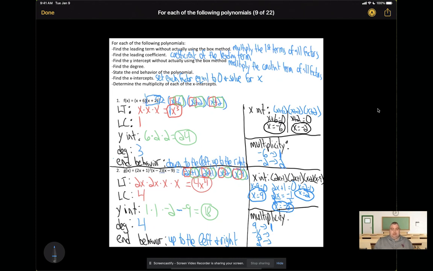The multiplicity for negative 1/2 is going to be 2 because its corresponding factor, 2x plus 1, has an exponent of 2. And then lastly, 2 is going to have a multiplicity of 1 because its corresponding factor, x minus 2, has an exponent of 1. So these are my multiplicities for each of the x-intercepts. And that is it for this lesson.